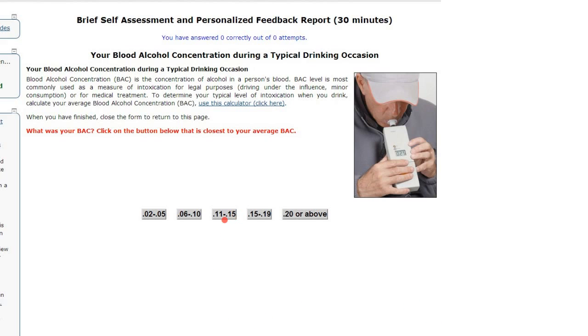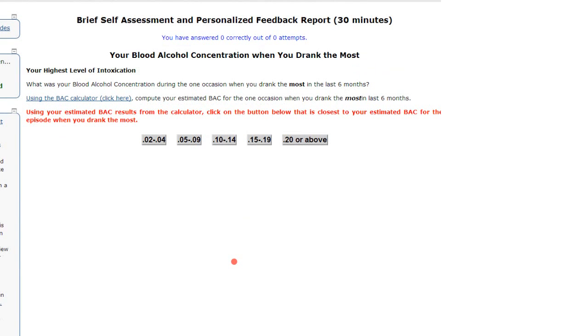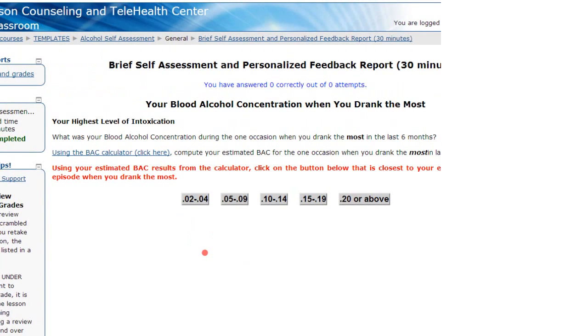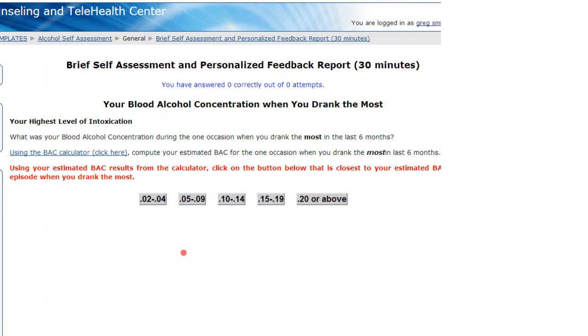So let's say someone picks 0.11 to 0.15. That's fairly high alcohol. Let's see if that's the one we picked for the example. You also do your blood alcohol concentration for when you drank the most.